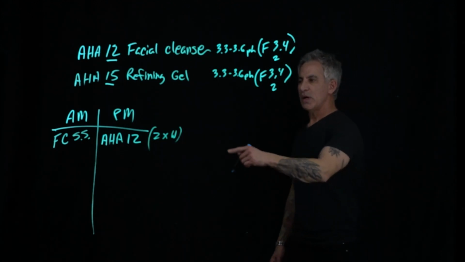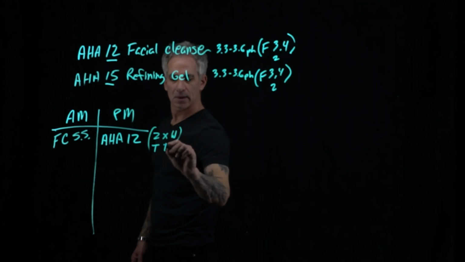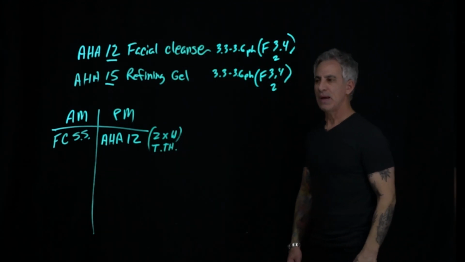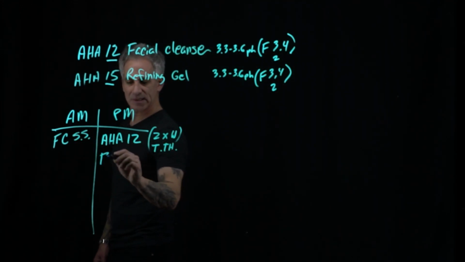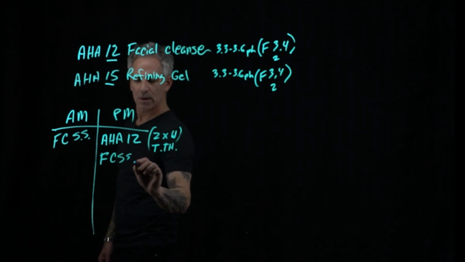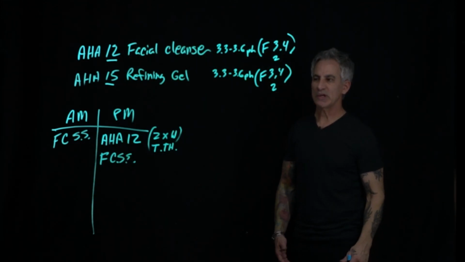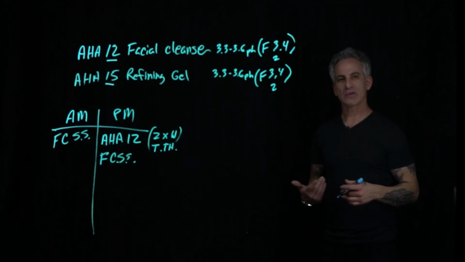Okay, so this would be Tuesdays and Thursdays. Okay, and then every other day besides this is going to be AM and PM. So basically what you're doing is you're alternating out of AHA 12 into Facial Cleanser Sensitive Skin.